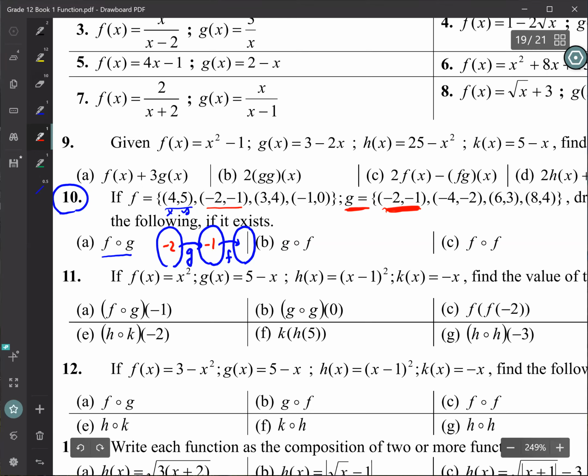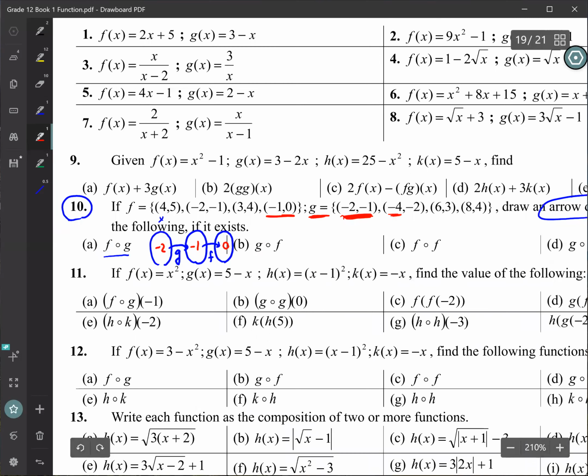Input has to be X, so you choose the pair that has -1 as the X. So -1 goes in. What comes out? 0. So this completes the composite function. You continue to check every single one.